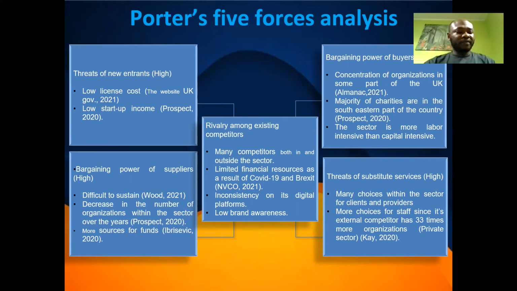The sector is now limited financially due to COVID-19 and Brexit. In these times, almost everything is done virtually, and although the sector adjusted to virtual advertisement and fundraising, it was not consistent, especially on its social media platforms.